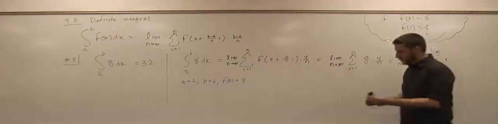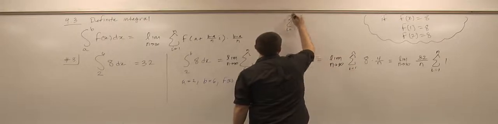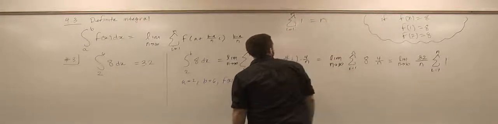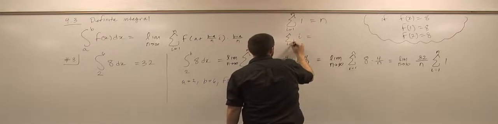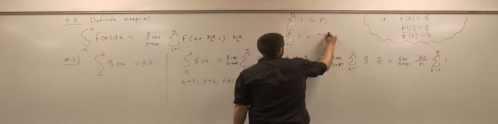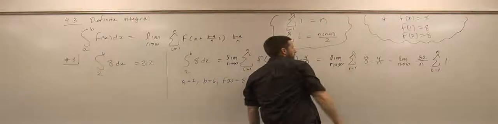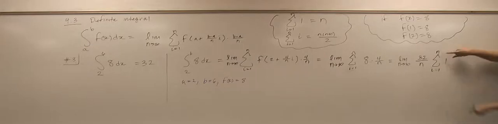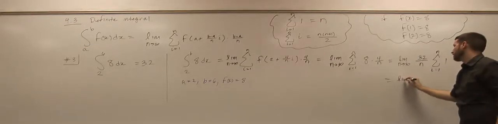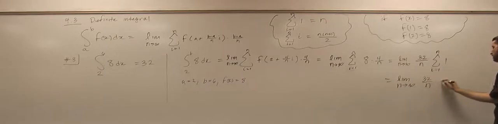Then you use your formulas. Remember, we had all these formulas, like the sum of 1 from i equals 1 to n equals n. Or the sum of i from i equals 1 to n equals n times n plus 1 over 2. We had all these formulas. This one, because it's just the sum of 1, is going to end up being n.